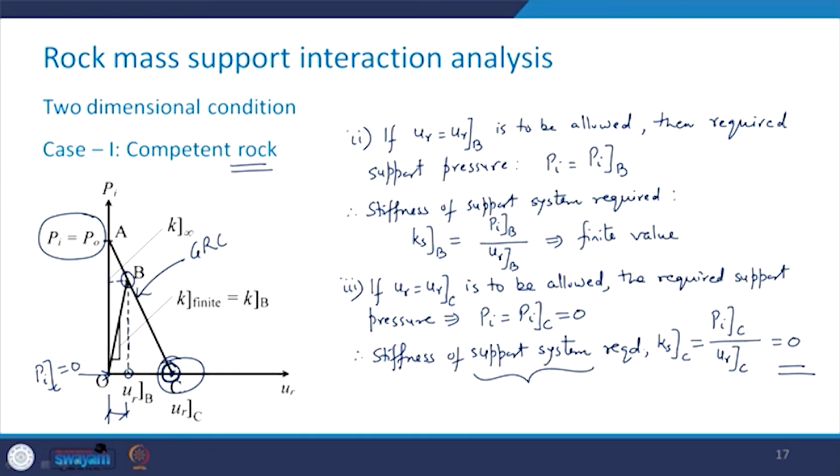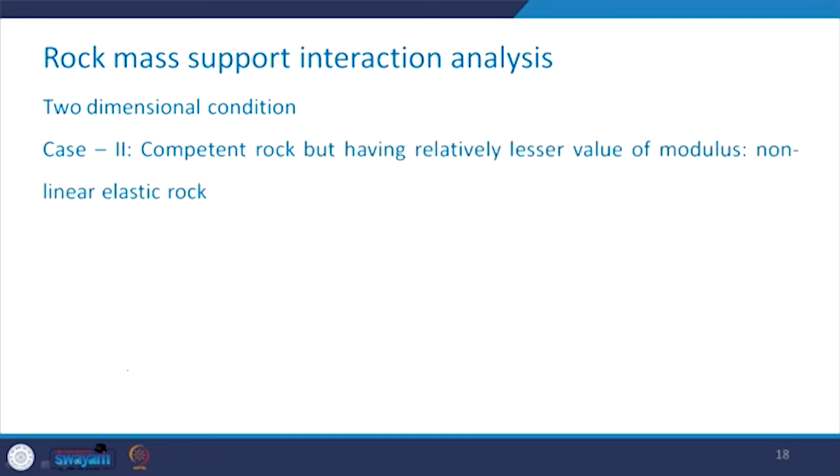Now let us take the other case of the competent rock but having a relatively lesser value of the modulus. That is, it is the non-linear elastic rock. Now since we know that it is non-linear elastic rock, can we draw the ground response curve as we did in the previous case?